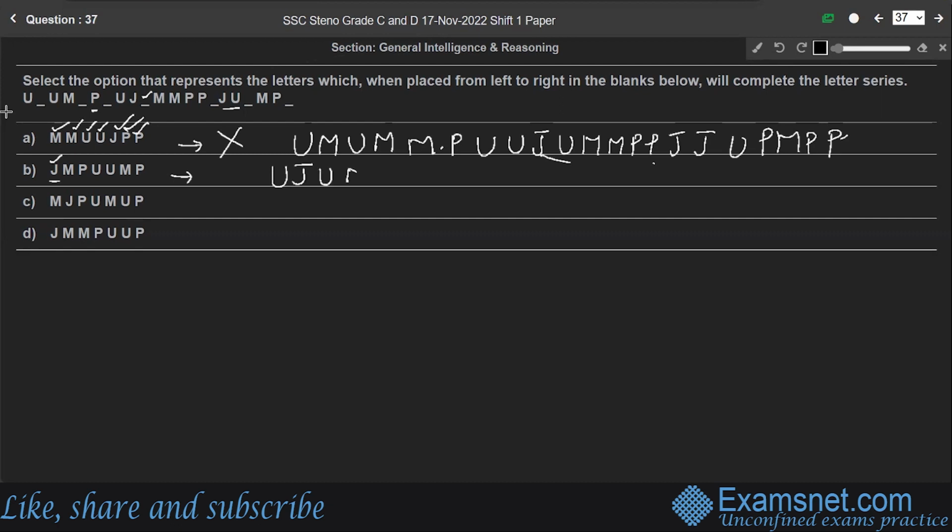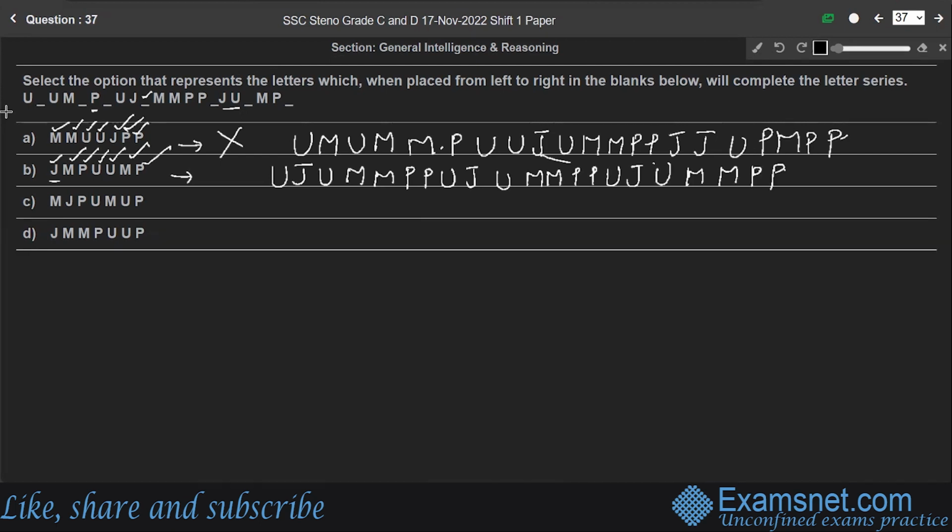Next is UM, so fill the second blank with M. Next we have P, so the third blank should be filled with P. Next we have U and J. We have to fill the fourth blank with U. Next we have MMPP, so the fifth blank should be filled with U. Next we have J and U. Fill the last but one blank with M. And lastly we have MP, so fill the last blank with P.